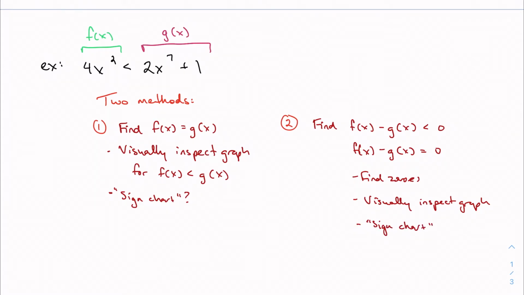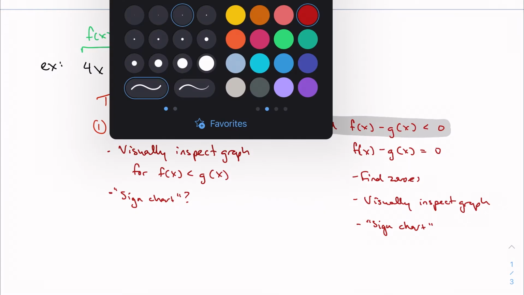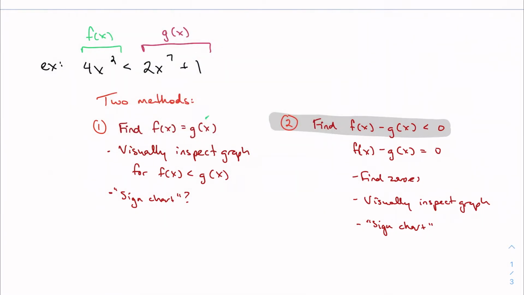I prefer this second method a lot more than the first method, because depending on the graph or the functions you have to deal with, you tend to get some very close intersections that can be hard to find, right? If I'm trying to find where f and g are equal, I'm trying to find the intersection point.